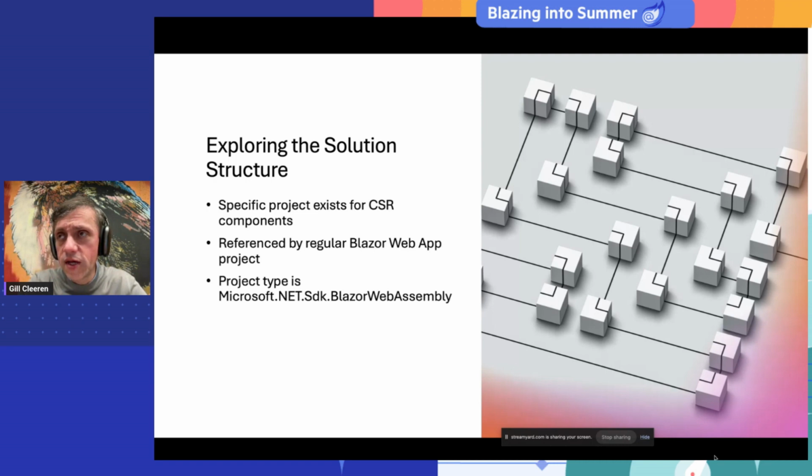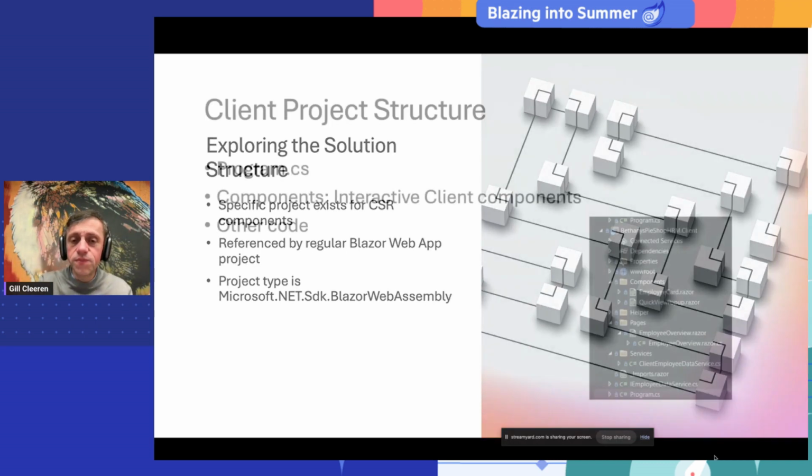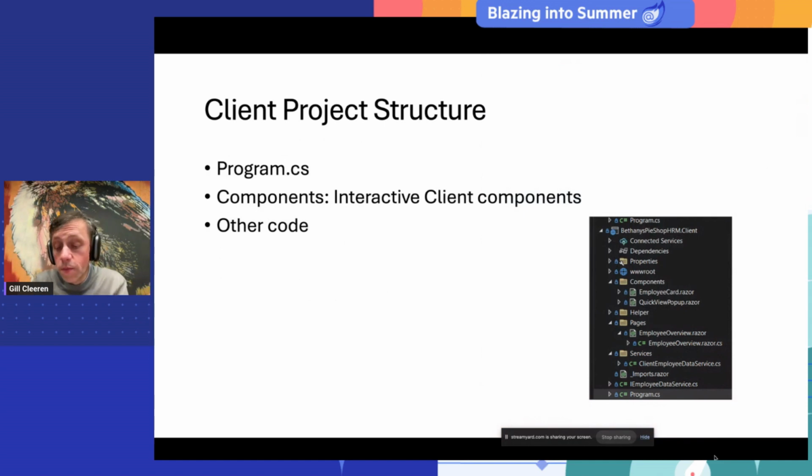So it's going to be two projects, one that contains what runs server-side, possibly with interactive server, and then the interactive WebAssembly part is going to be a separate client project that contains the component or components that you want to run directly from the client as interactive WebAssembly.